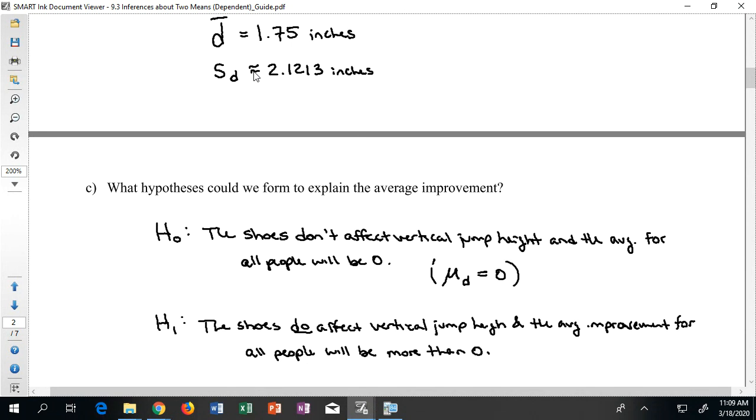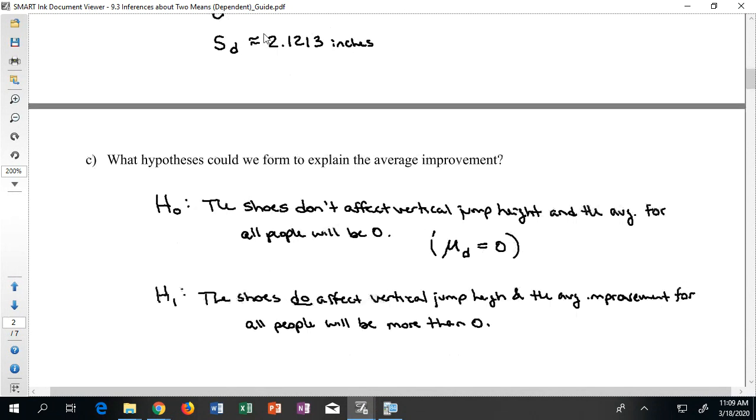That if these shoes do better, I should expect positive numbers coming back, kind of like what we saw here with our D bar. So here symbolically we have another hypothesis. I'm writing these out in words here so we can make sure that we understand how these hypotheses relate to the scenario and what they look like symbolically.